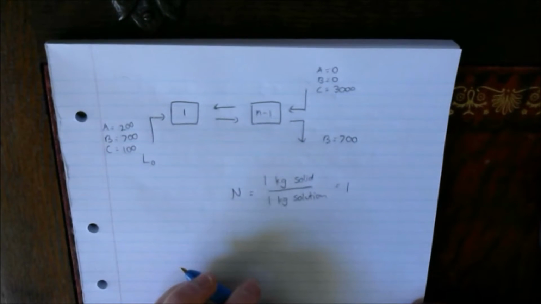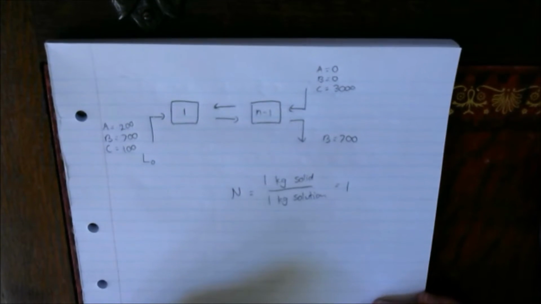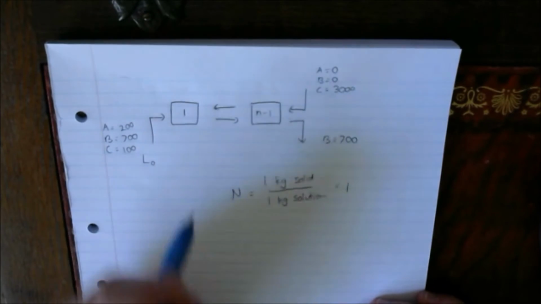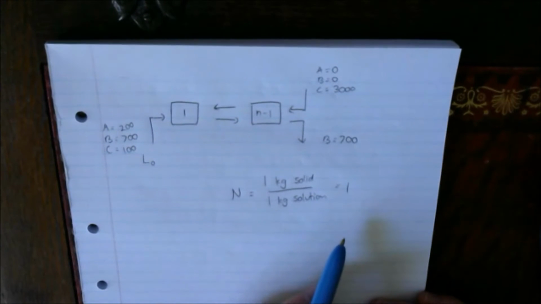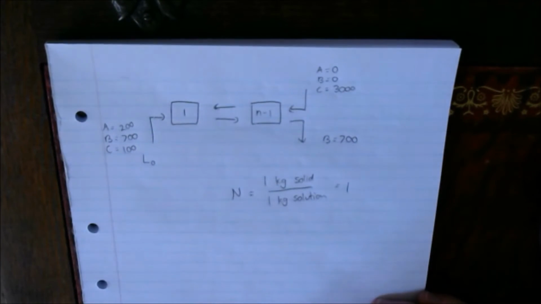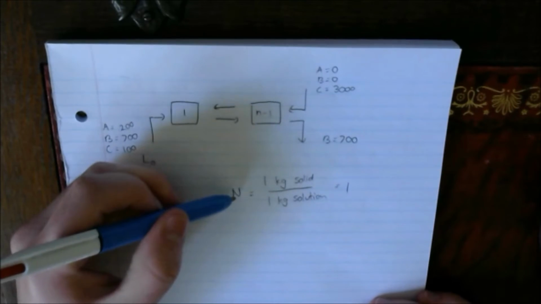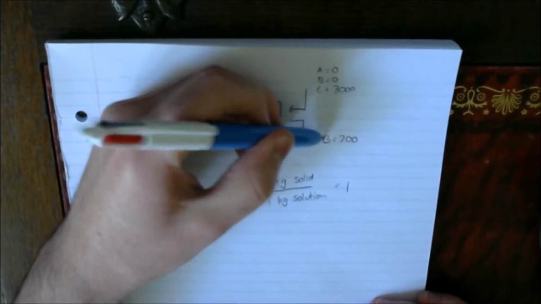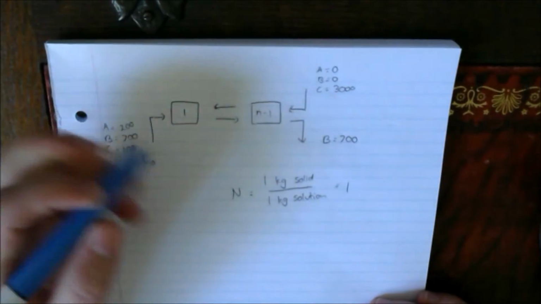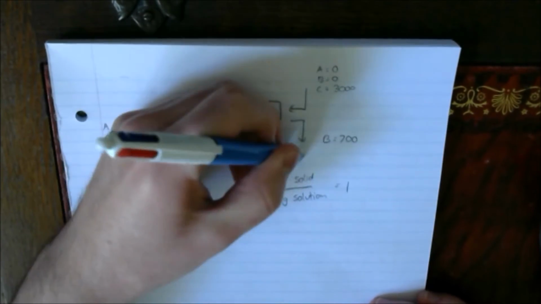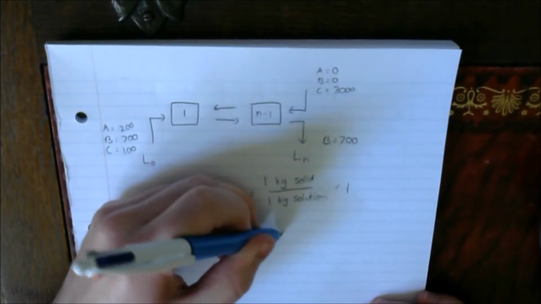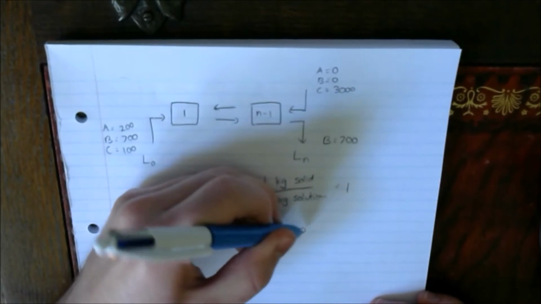So this means that this is actually going to be a constant underflow process. Compared to the previous questions we did, they were variable underflow processes, so the N was changing. In this case, we're told that N is equal to 1, and we'll assume that that stays constant. So what that means is that we've got 700 kilograms of solid, so that means that our Ln stream is going to be 700, right?